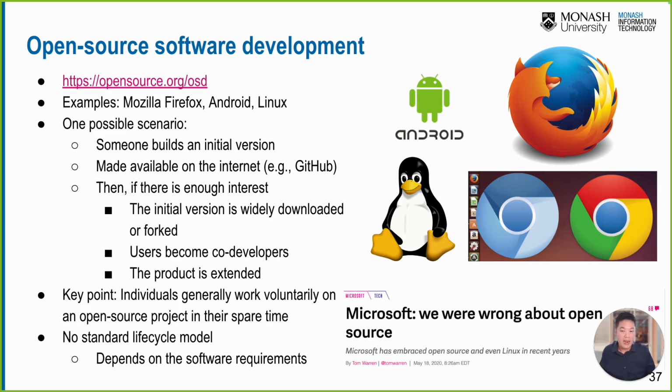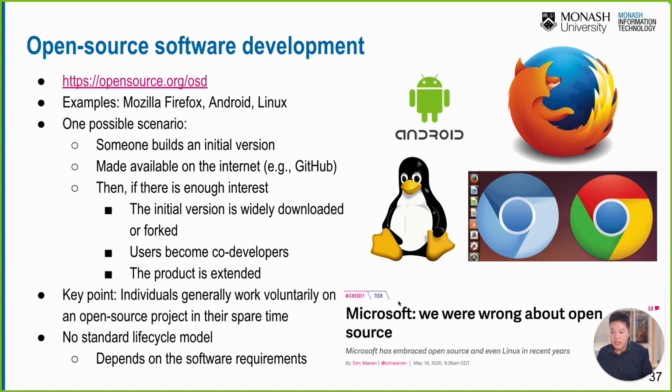Surprisingly, these open source projects are really successful. For example, the Android operating system on your mobile phone is inherited from the Linux open source system. Look at the web browsers, Mozilla Firefox and Google Chrome. These are open source software development as well.